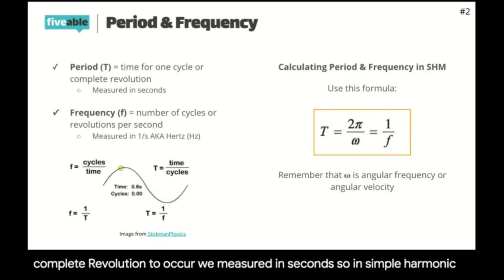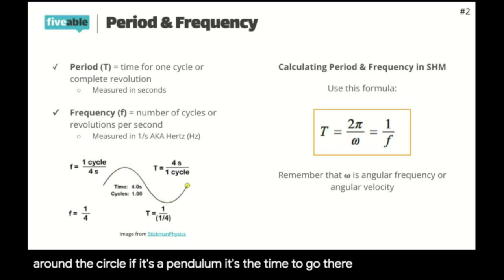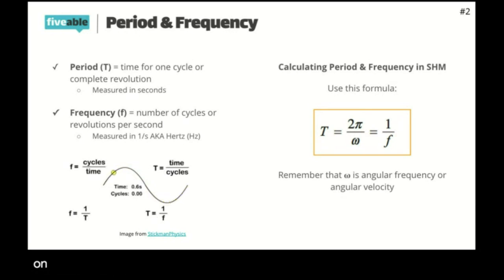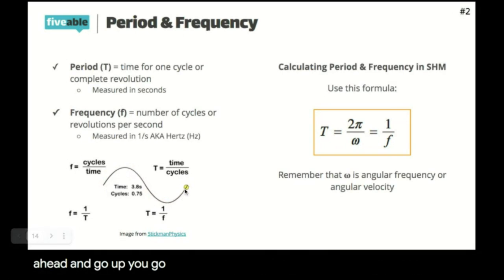So in uniform circular motion, it's the time for the particle to go one time around the circle. If it's a pendulum, it's the time to go there and back. If it's mass on a spring, same deal, time to go there and back. If we look at it in terms of the actual wave function, you kind of go up, you go down, and then when you're about to go up again, that's the end of the cycle.